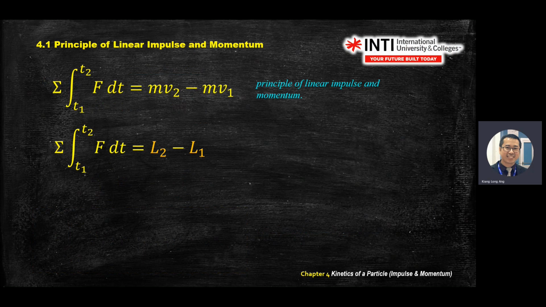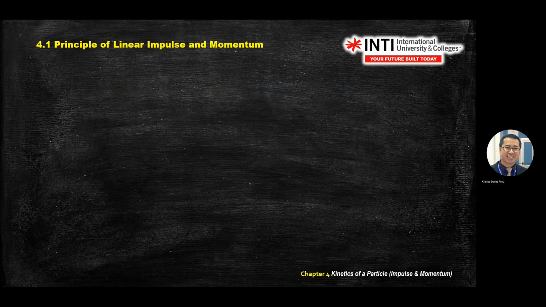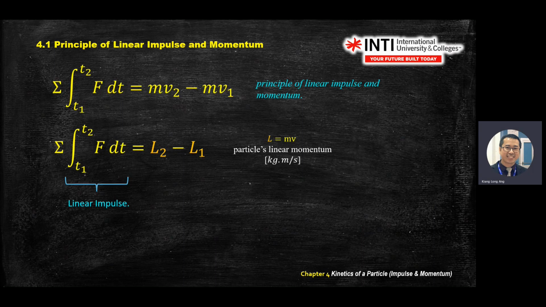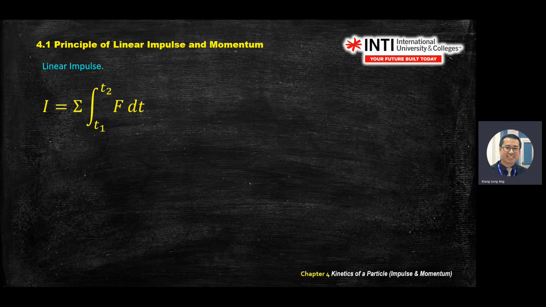We will use capital L to represent momentum in this chapter. Capital L represents mv. The unit will be kilogram meter per second. This is linear momentum. So on the left is linear momentum, on the right is linear impulse. We will use capital I to represent the integration of force and time.